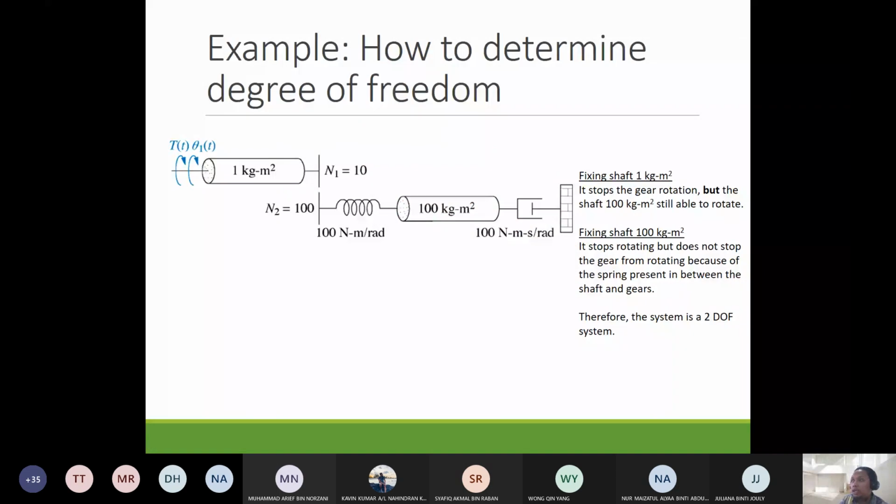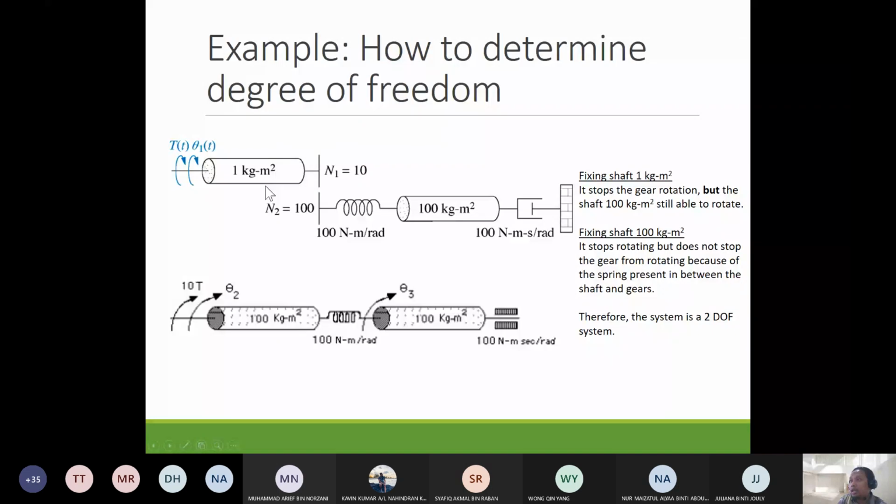So you can convert this into a 1 degree of freedom system by performing impedance transfer. Let's say you define this as the source and this as the destination.